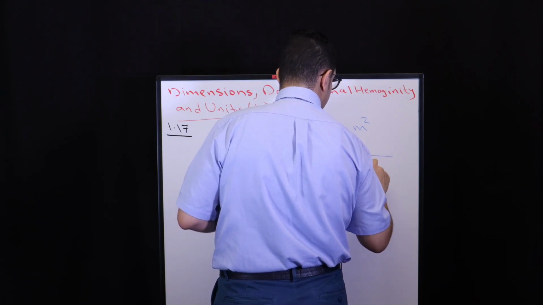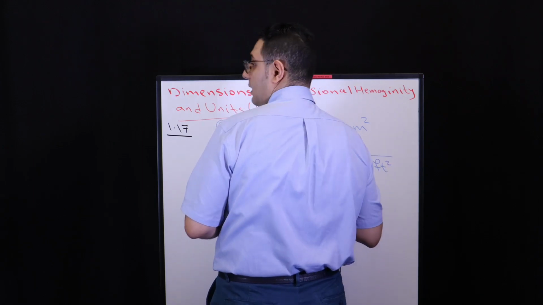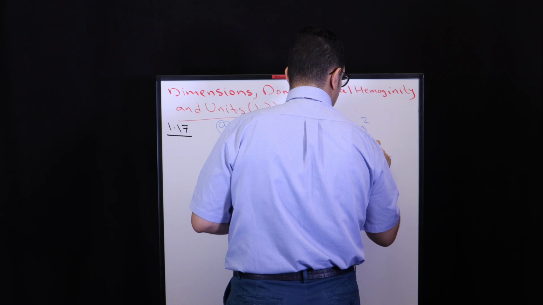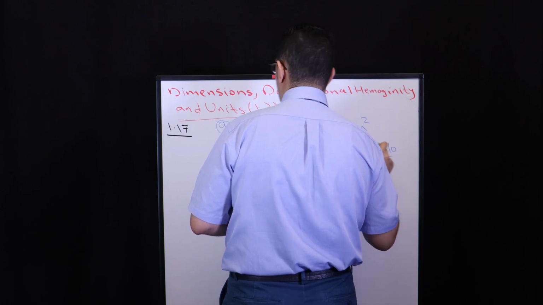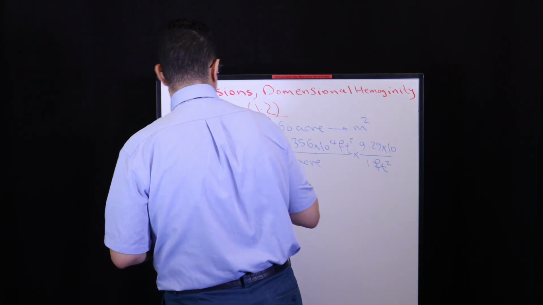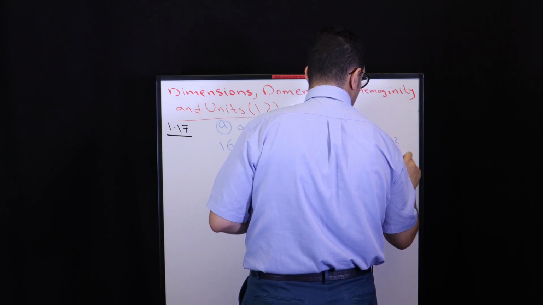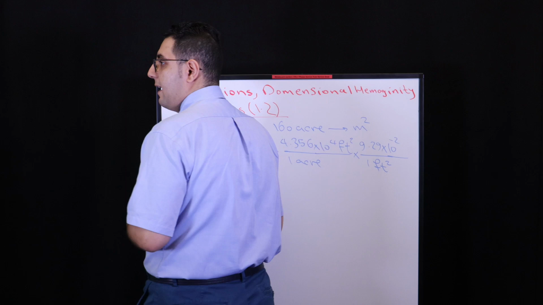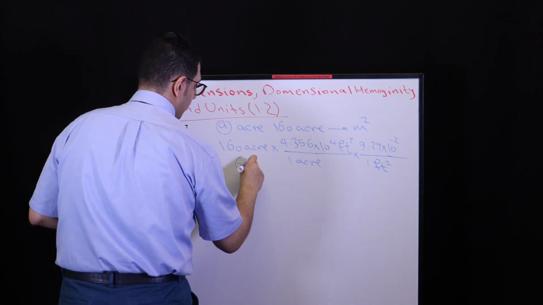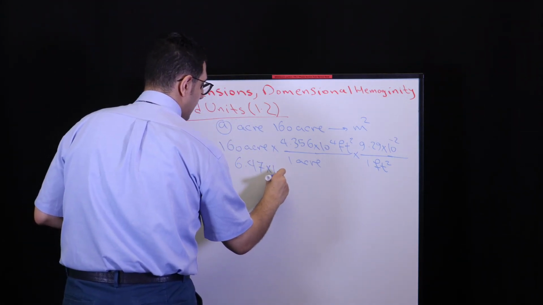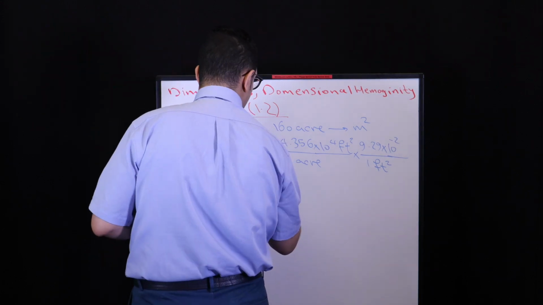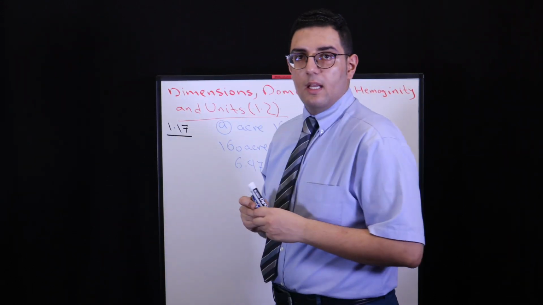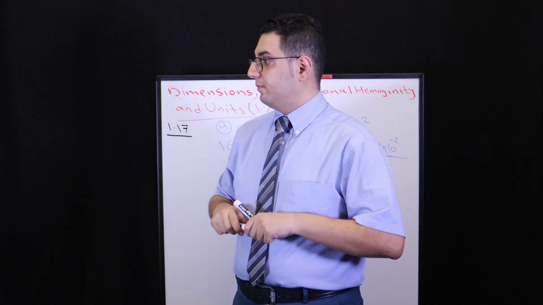And each square foot is equal to 9.29 multiplied by 10 to power minus 2 square meters. Multiplication of this, we're going to have 6.47 multiplied by 10 to power 5 square meters. This was the first section.